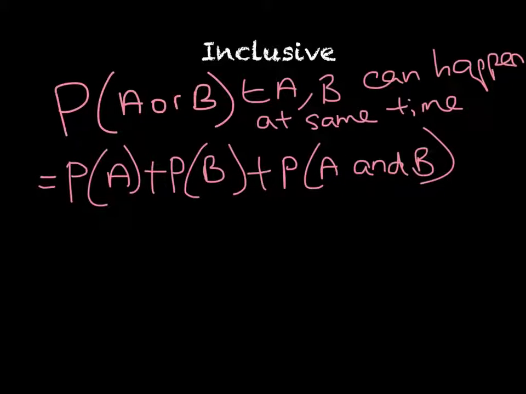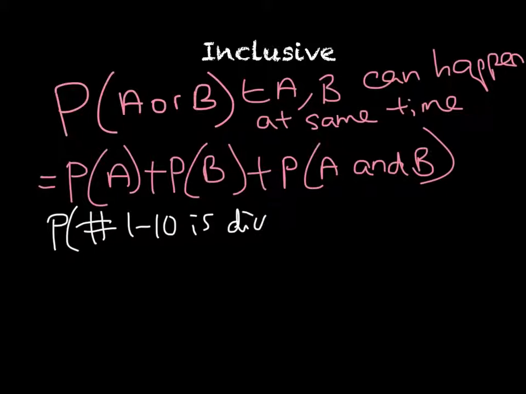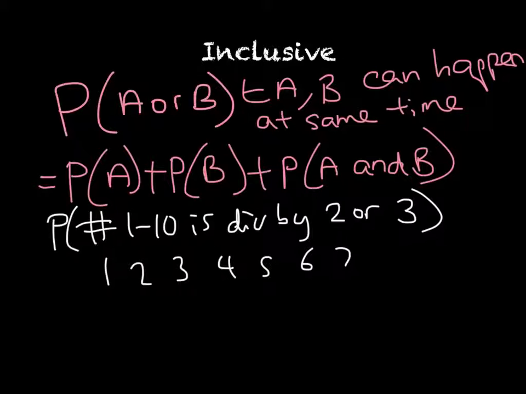So say we want to find the probability that a number from 1 to 10 is divisible by 2 or 3. One way we can do this is just by listing out all of the numbers. So then we can see that 1, 2, 3, 4, 5 of them are divisible by 2.